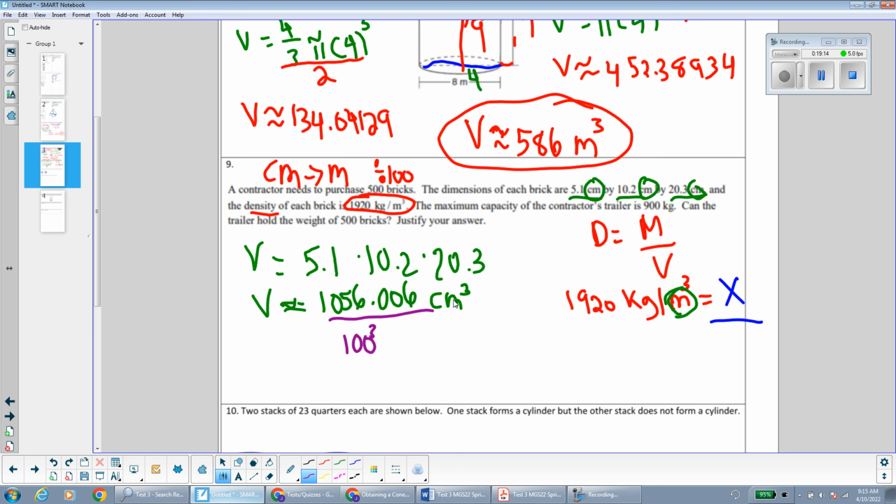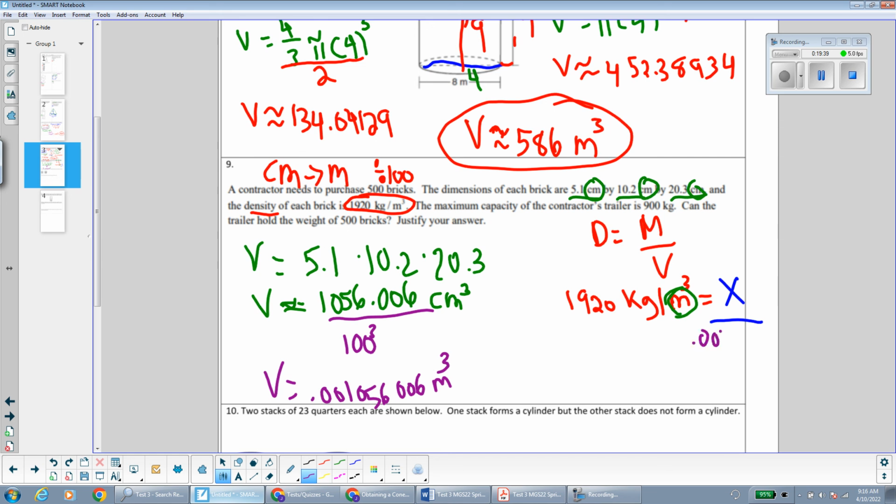So on my calculator, I'm going to divide by 100 cubed, and I get 0.001056006, and that's now in meters cubed. So I'm going to plug that into my density formula.